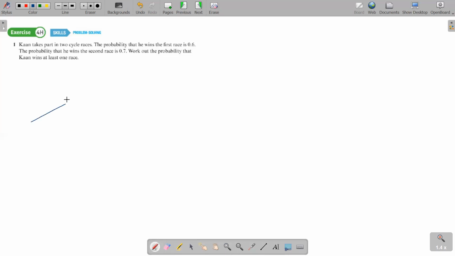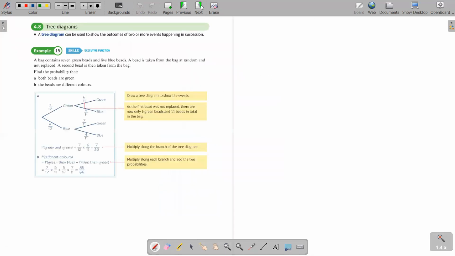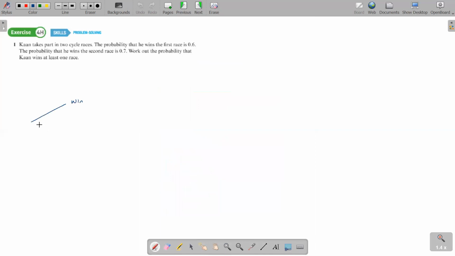Basically in a tree diagram, the branches give the outcomes. What are the possibilities? What can happen? If winning is one outcome, then the other outcome is to lose. Are you with me? So either you win the first race or you lose it.